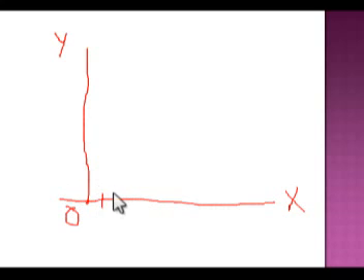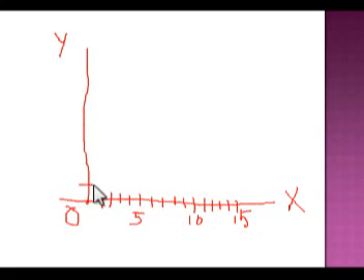There are marks on the axis: 5, 10, and so on.